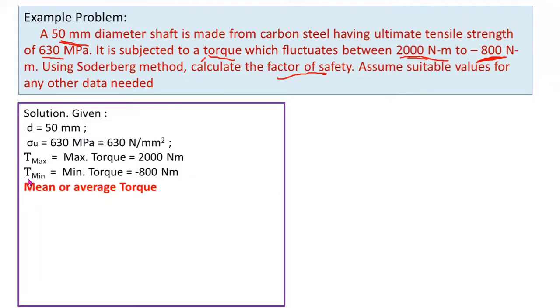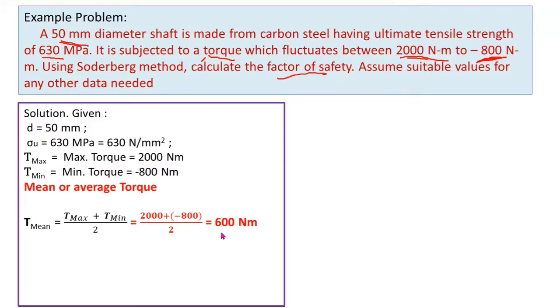Now, from the values of maximum and minimum torques, first you have to identify the value of mean or average torque. This is the formula for mean torque: mean torque equals maximum torque plus minimum torque by 2. Here the maximum torque is 2000, minimum torque is minus 800. So the value is 1200 by 2, which equals 600 Newton meter.